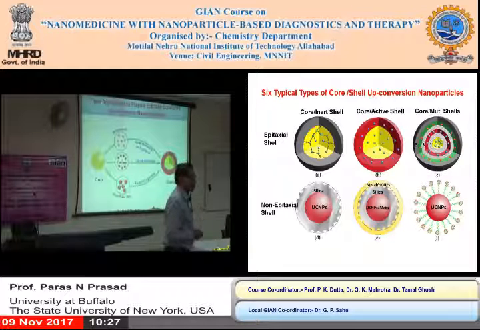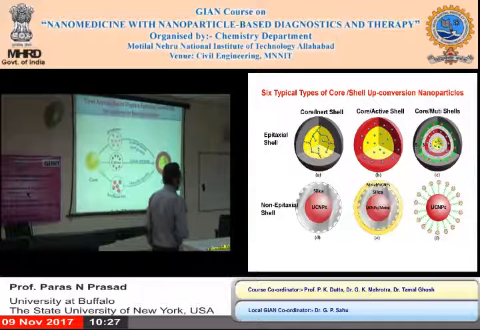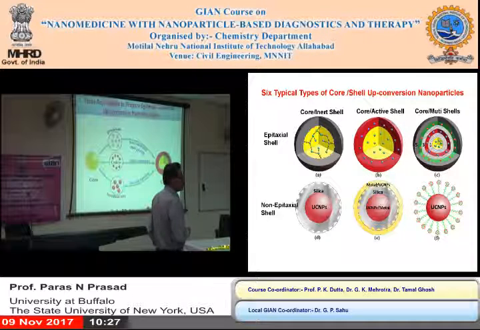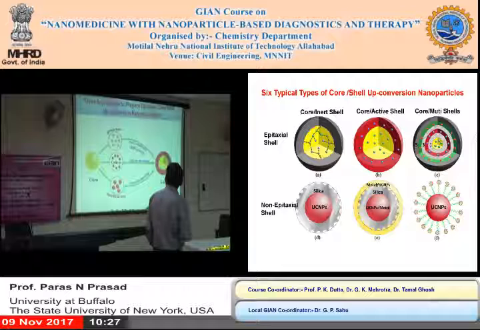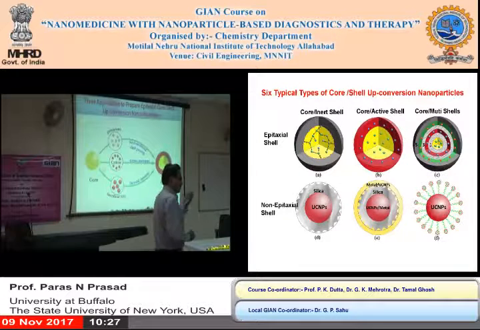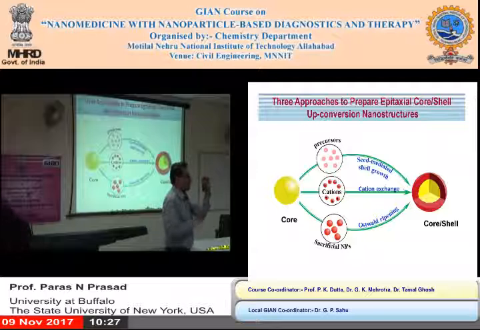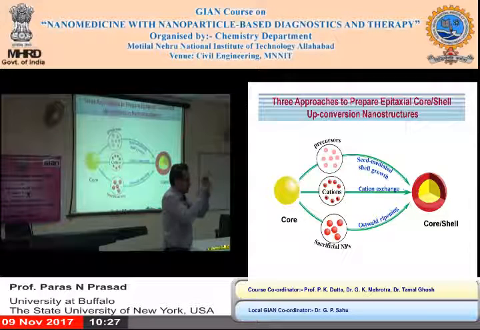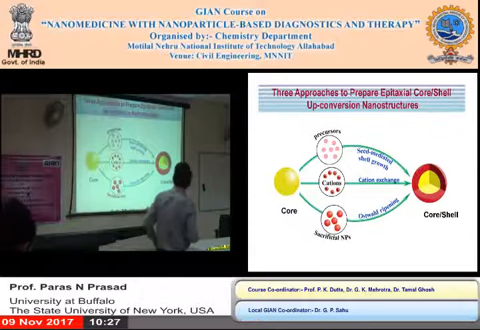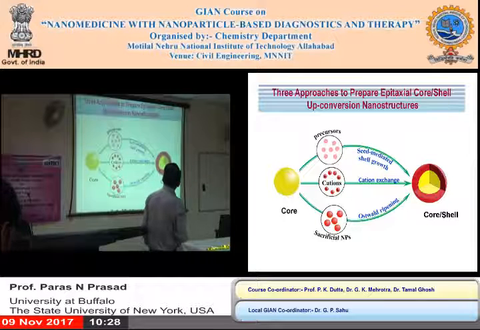You can do chemistry to exchange the cation and form a shell. Or you can add precursor under different conditions. The core acts as a seed, a template, and the shell starts growing. So it's called seed-mediated growth.